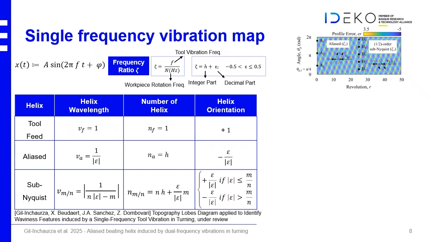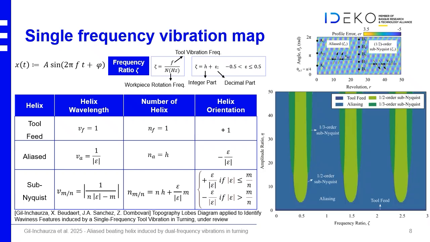the frequency ratio, number of helixes related to the integral part, and the sign will be given by the sign of epsilon. And then the sub-Nyquist artifacts that will appear depending on the integral part, decimal part, and also on some sub-Nyquist ratios that are defined.